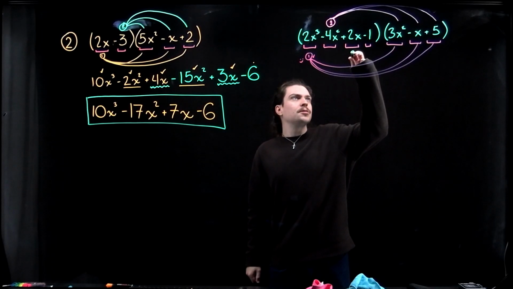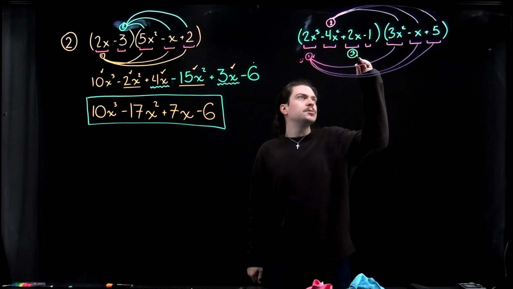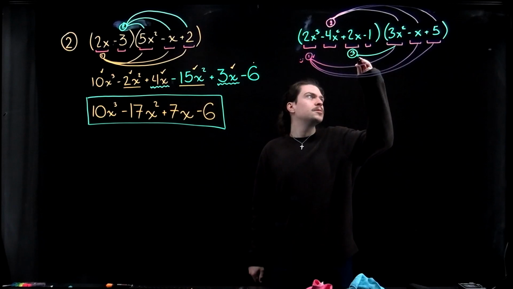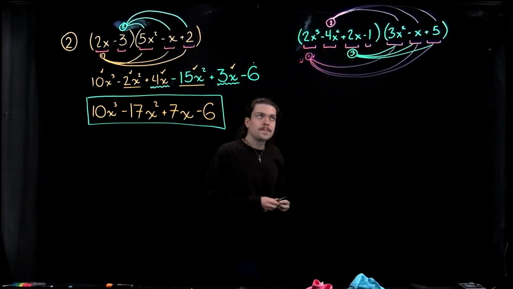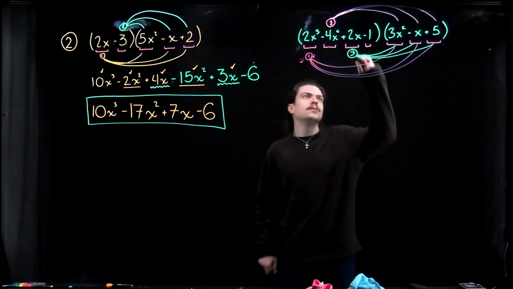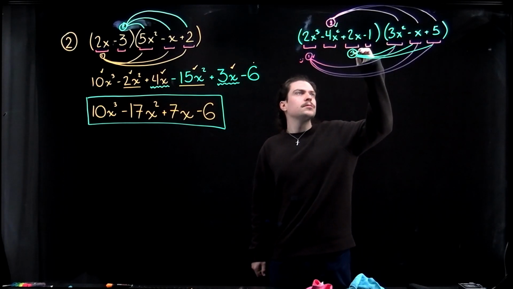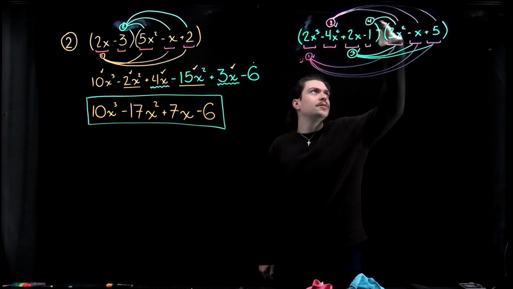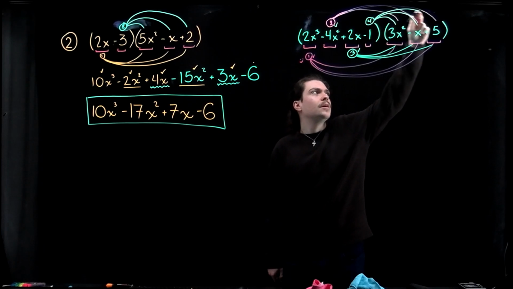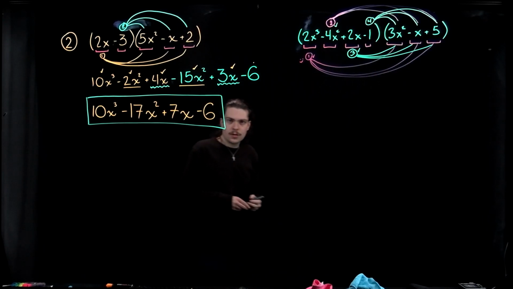We'll take this third term, and say, all right, this one times this one, this one times this one, and this one times this one. And finally, maybe put some check marks here. Finally, this guy up here, our fourth term, negative 1, will multiply by this one and by this one, right?